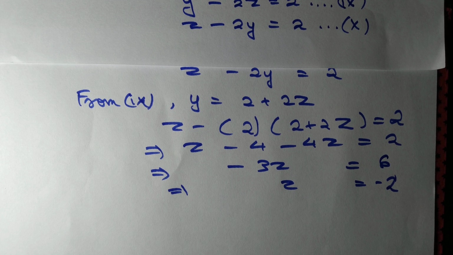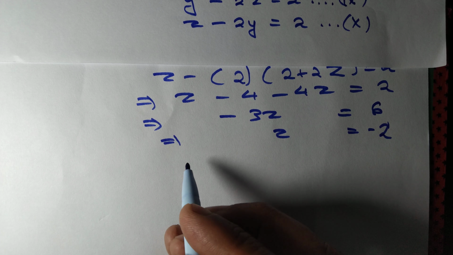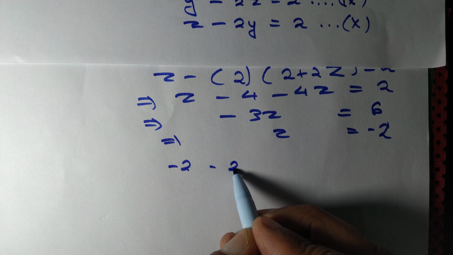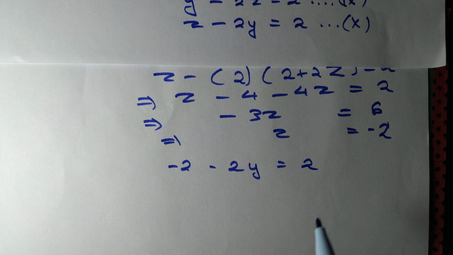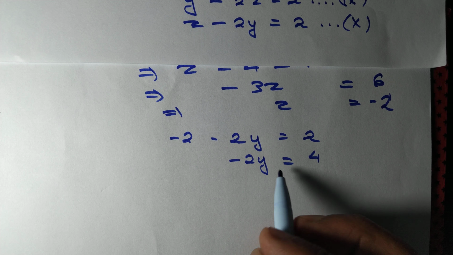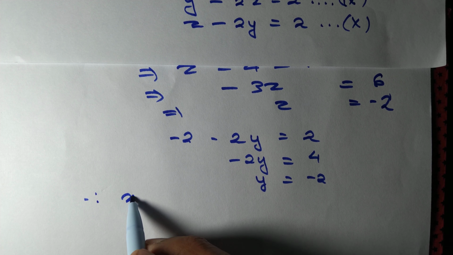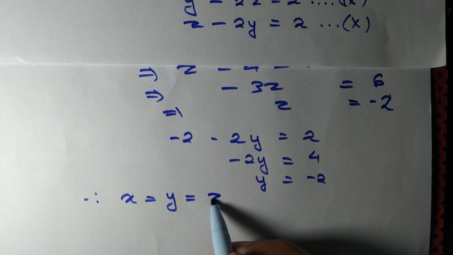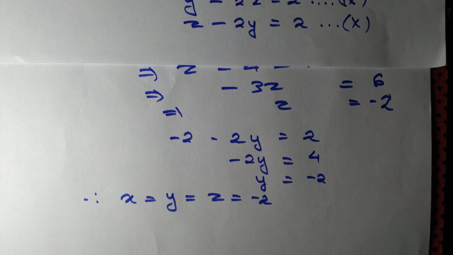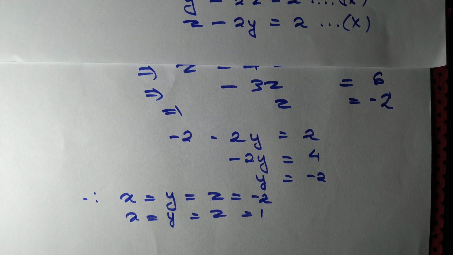Let's write the value of z in equation 10: minus 2 minus 2y equal to 2. That gives us minus 2y equal to 4, so y equal to minus 2. Therefore, the other solution is x equal to y equal to z equal to minus 2, and earlier we obtained x equal to y equal to z equal to 1. These are the only possible solutions.